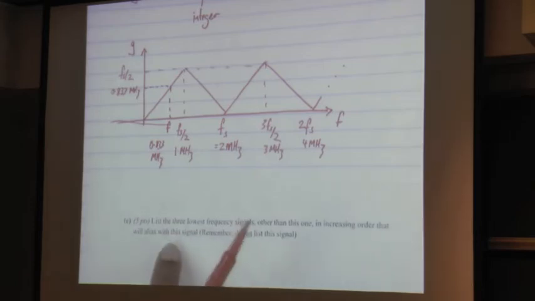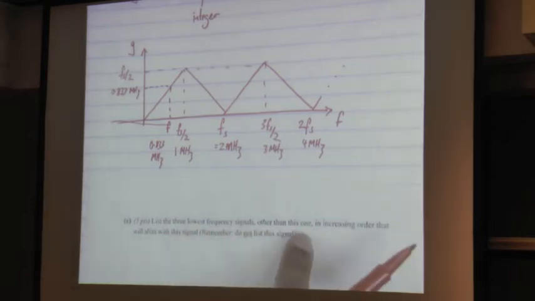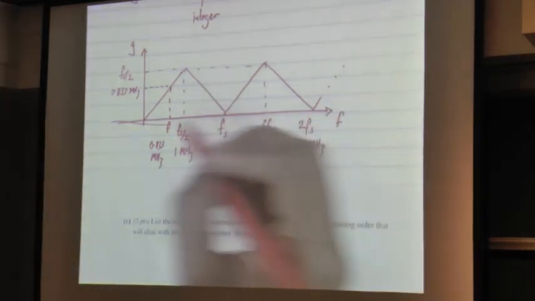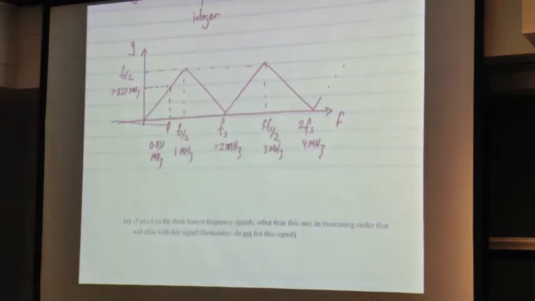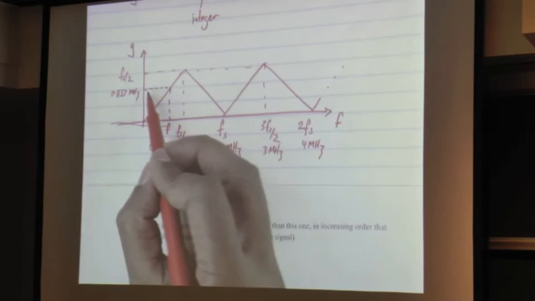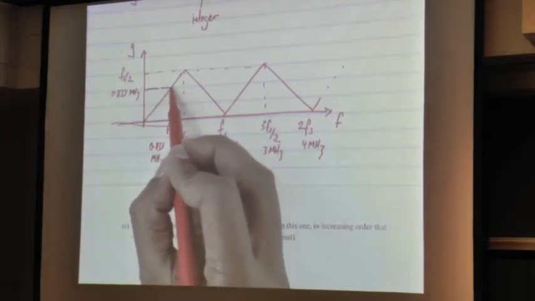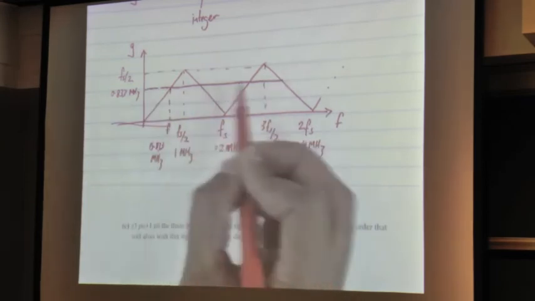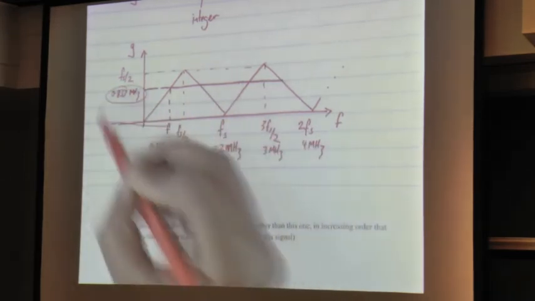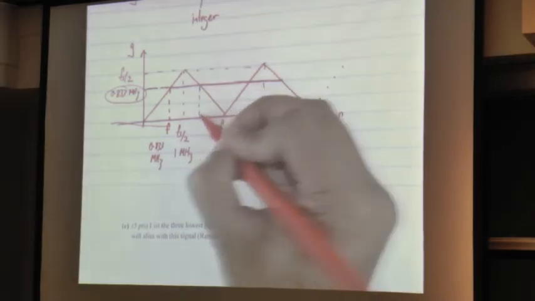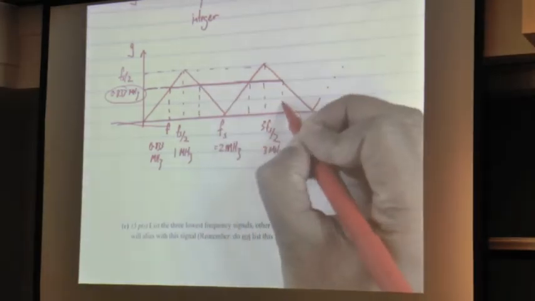Now the question asks, list the 3 lowest frequency signals other than this one that alias with this signal. So we're looking for other frequencies along here that give you the same value of g. It's very simple. All you have to do for this kind of question is extend that value of g, the 0.833 megahertz, and find these values right here.